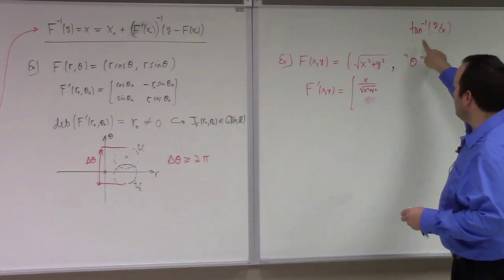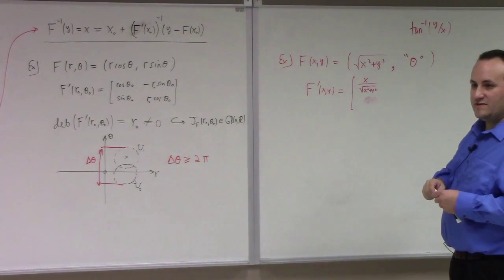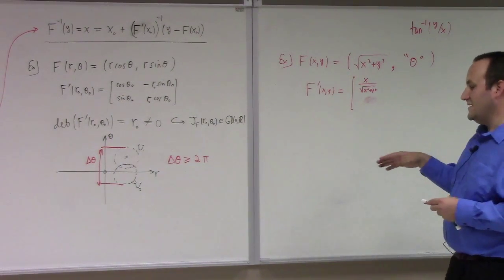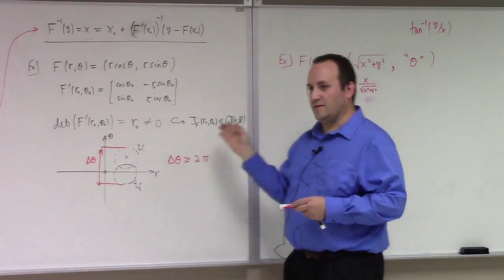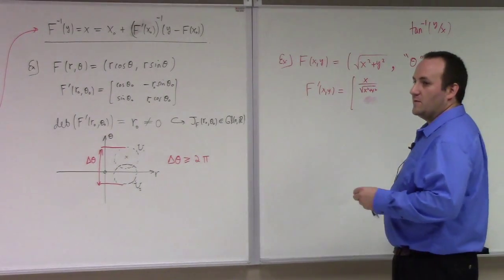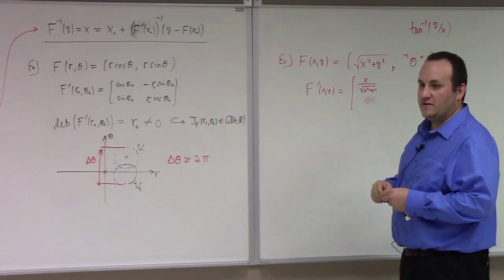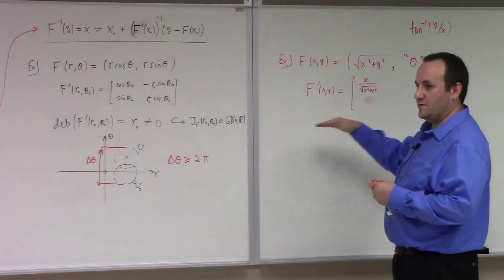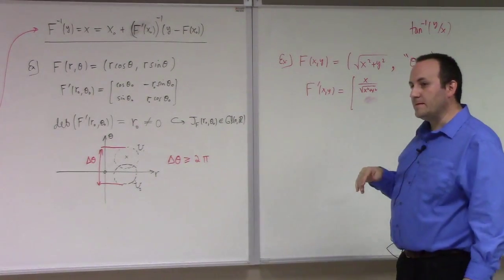But again, you face that degeneracy. This time the degeneracy is not so easily visualized. It has something to do with wrapping more than once around the origin. So you have to limit yourself to a slit plane, a plane where you've removed a ray from the origin.